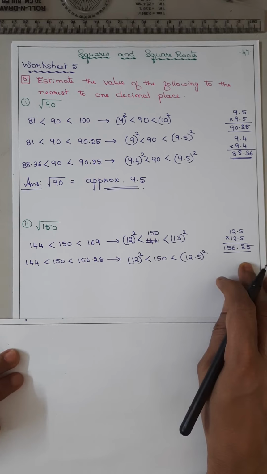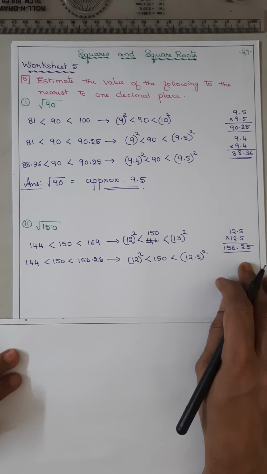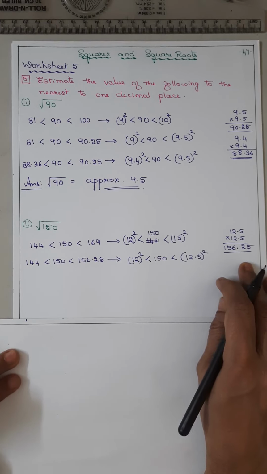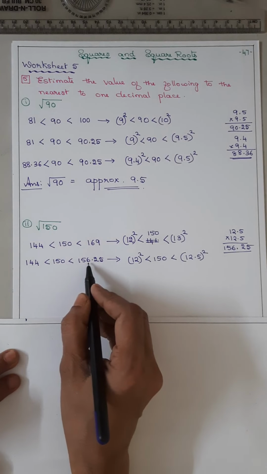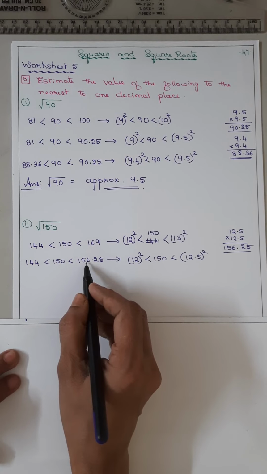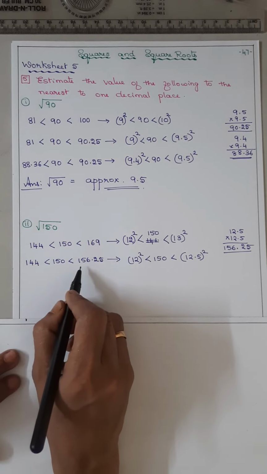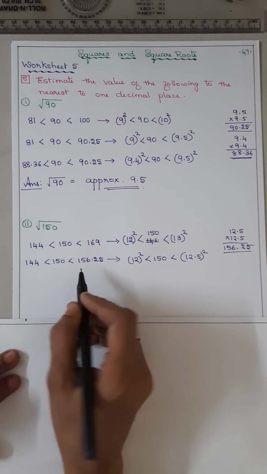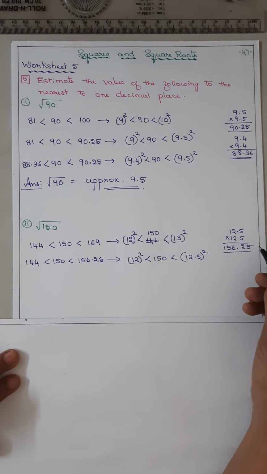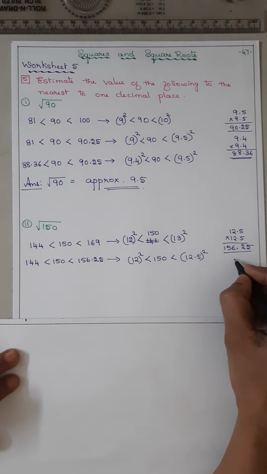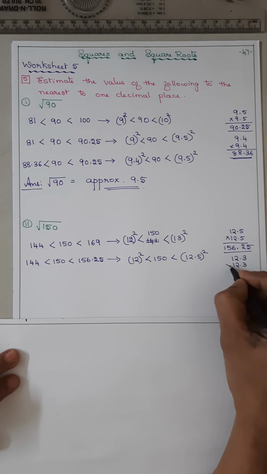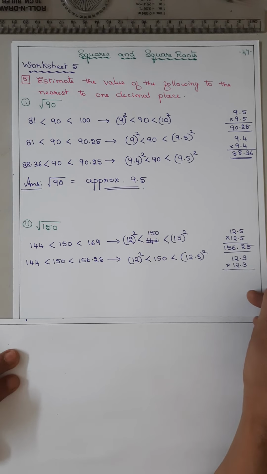Now check for 12.4 कर सकते हैं, बट इधर ऑलरेडी डिफरेंस ज़्यादा है, तो डायरेक्टली हम देखेंगे 12.3. ठीक है, 150 and 156, the difference is there, so you can try 12.4 then 12.3, but we'll see 12.3. As the difference is more, we are checking for 12.3.